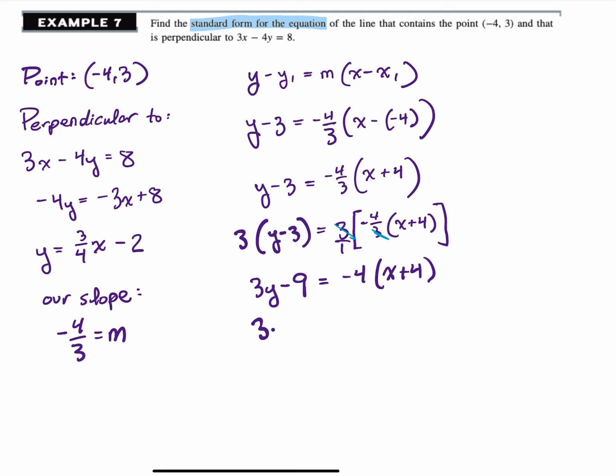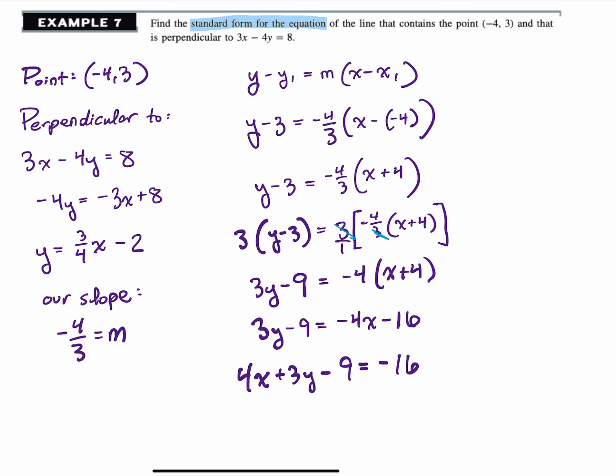So we've got 3y minus 9 equals negative 4x minus 16. Now I will add the 4x over to the other side, so it will appear as a positive on the left side. So 4x plus 3y minus 9 equals negative 16. And then let's add the 9 over to the other side.